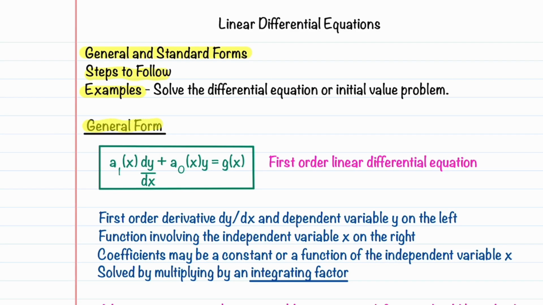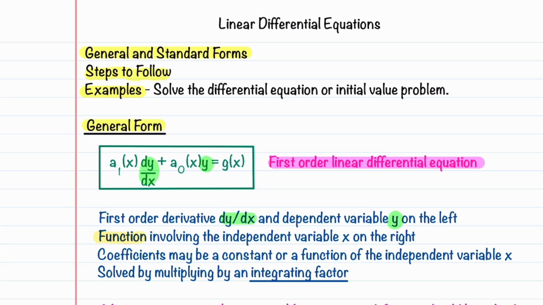The general form of a first-order linear differential equation looks like this. The first-order derivative dy/dx, right up here, and the dependent variable y, right here, are both on the left-hand side. The differential equation is called linear because both dy/dx and y are raised to the first power.